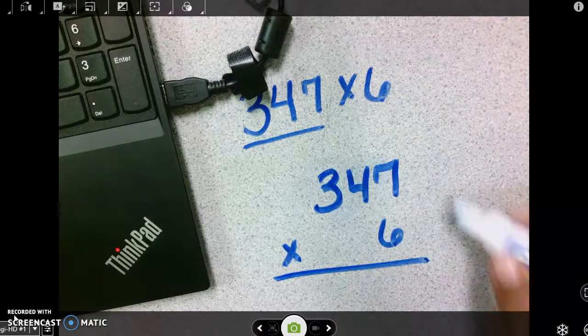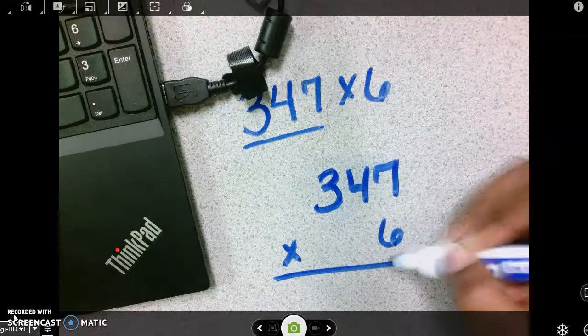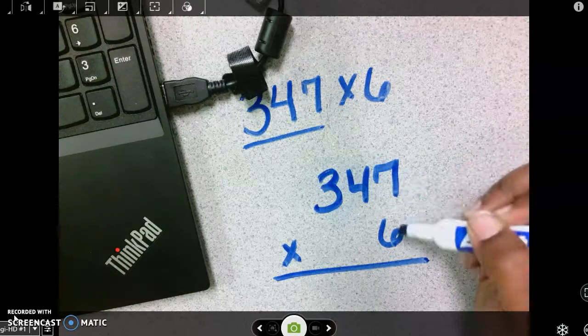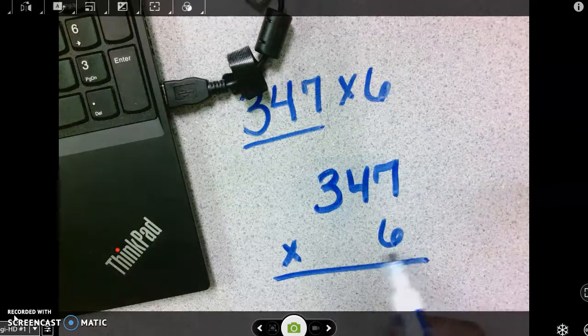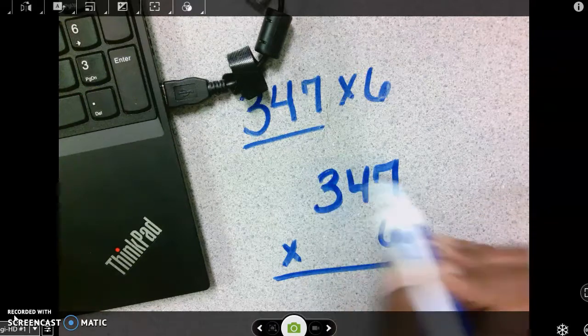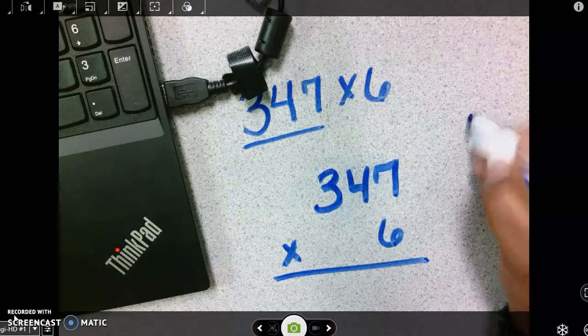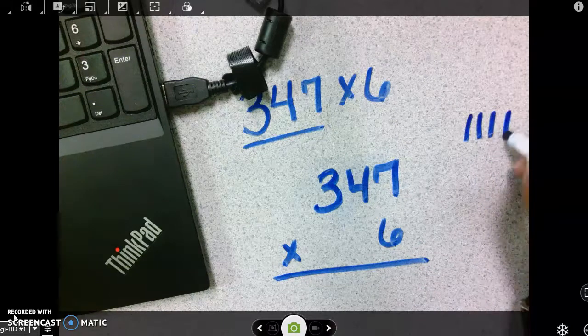I'm going to start right here in the ones place. 7 times 6. If I didn't know what 7 times 6 was, I would go ahead and skip count by 6, 7 times, because my whole equation is being multiplied by 6. So I'm going to go over here. 1, 2, 3, 4, 5, 6.